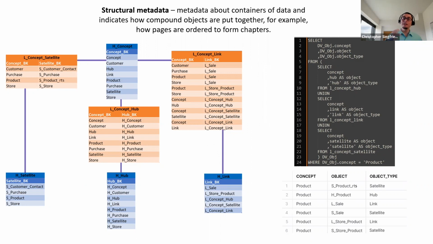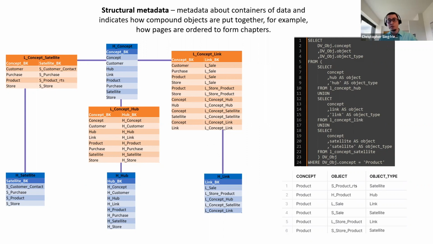We can say, okay, I know that we have the concept of product in our Data Vault. What is every single object related to that concept? And we can answer that question. And if we want to know about those objects and what their purpose is, we can answer that question. And then if we have a question about how two concepts are connected in the Data Vault, how we can reach between store and product, well, that's pretty easy, but you get the idea, store and return.